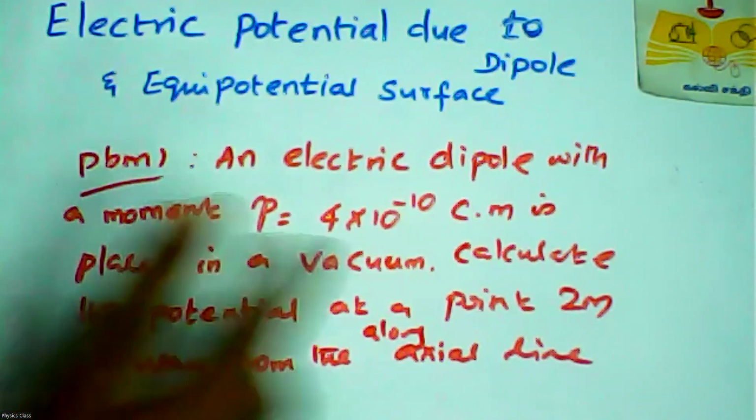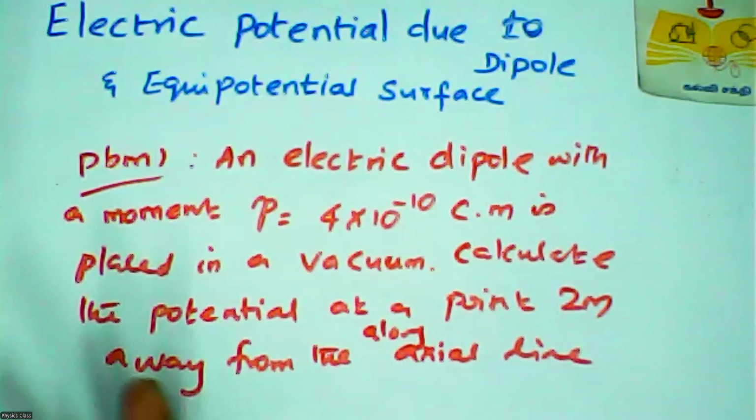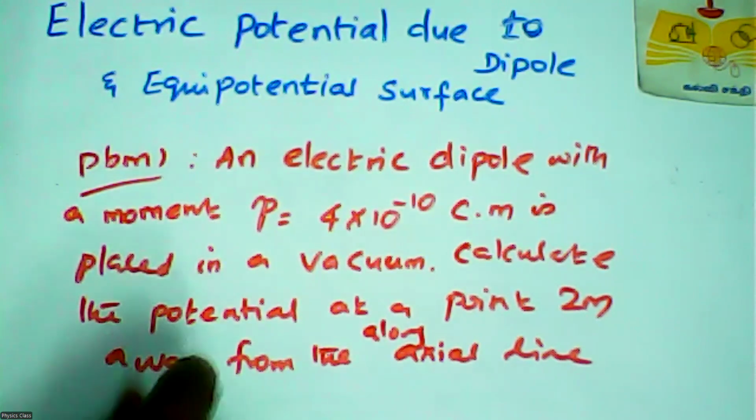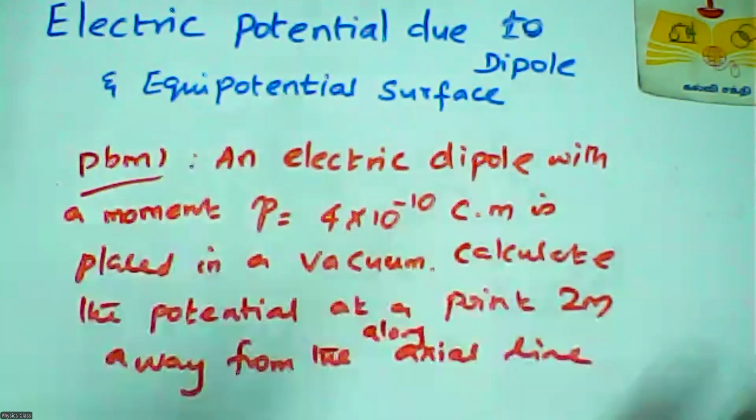Electric dipole with moment. Already you know that if we have an electric dipole, we also have an electric dipole moment. Its value is 4 into 10 power minus 10 coulomb meter, placed in a vacuum. We have to find the potential at 2 meter away from the charge along the axial line.